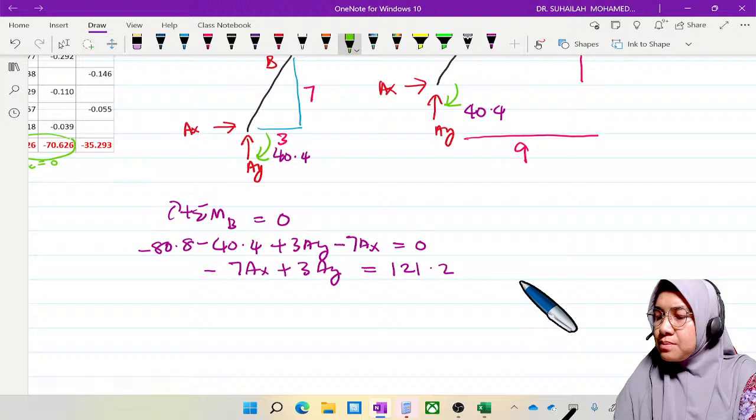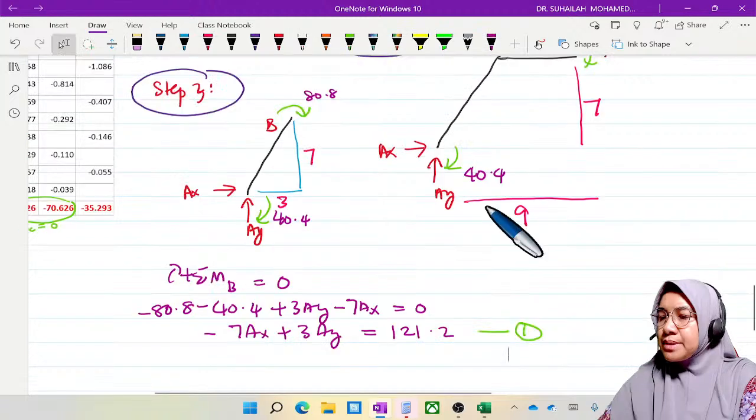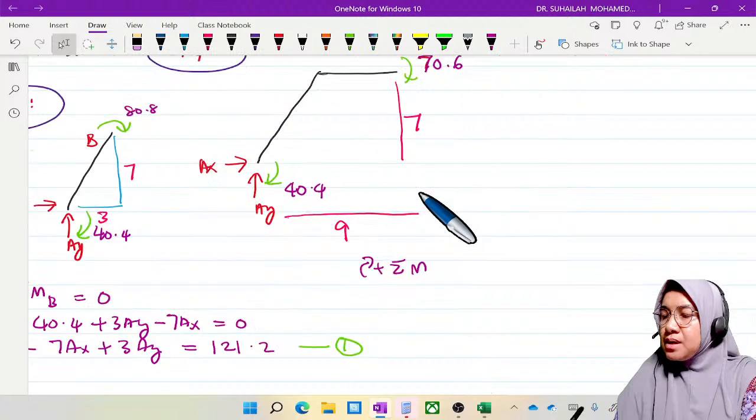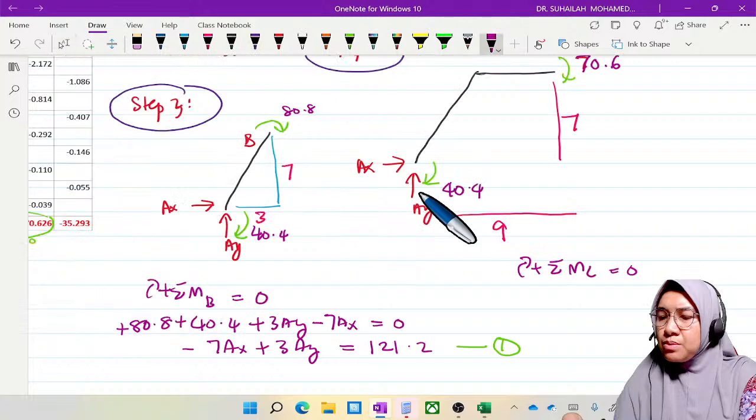Using the diagram in step number 2, by taking moment at C, we will get positive.